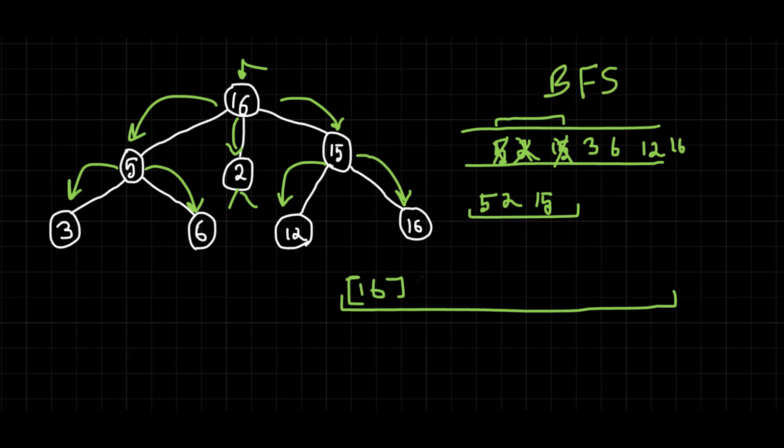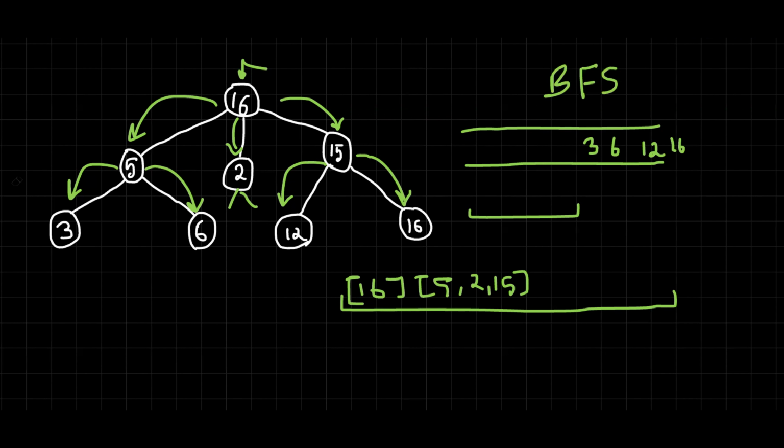Now, we have to add 5, 2, and 15 to the resultant array. Now let's erase all of the elements of the second level.